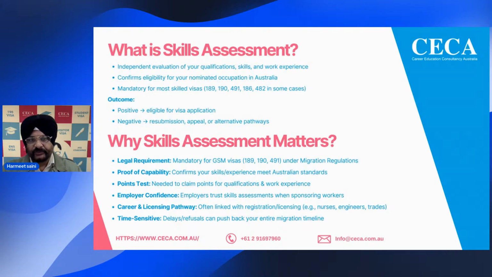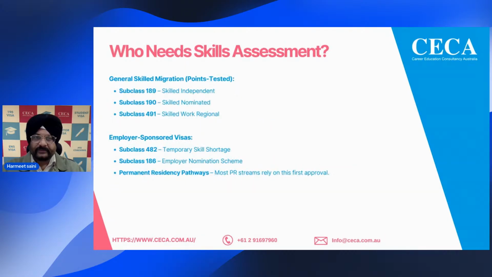Now we know how important these skill assessments are, because without this skill assessment you are not eligible to apply for certain visa subclasses. So who needs the skill assessment? As I discussed, all general skilled migration points-tested visas like 189, 190, 491.